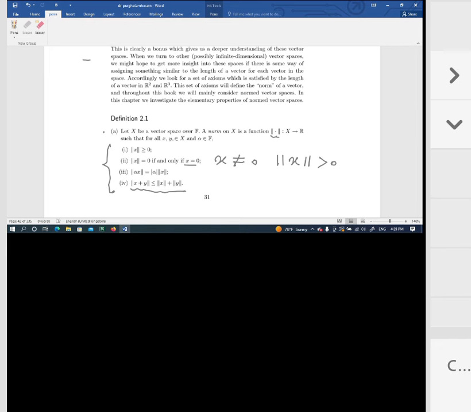For X and Y in X and scalar alpha, we have these properties.